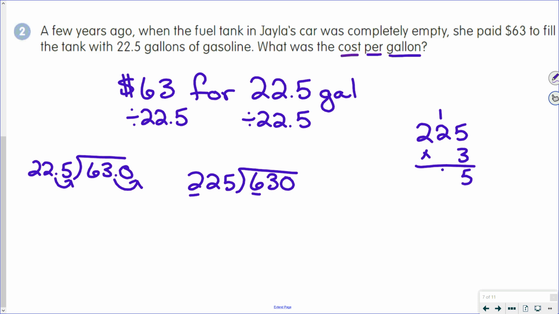We do our multiplication. And we see that 675 is going to be too high, which means it will go in 2 times. 2 times 5 is 10. 2 times 2 is 4, plus 1 is 5. 2 times 2 is 4.